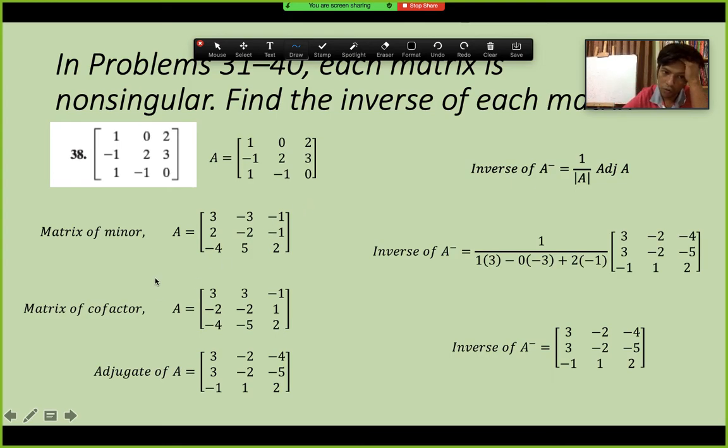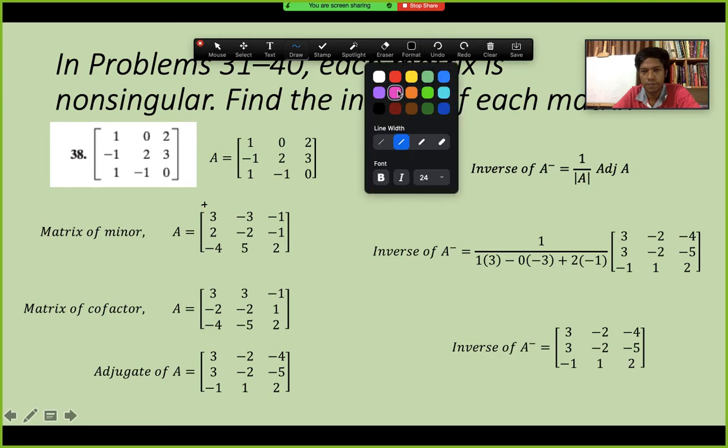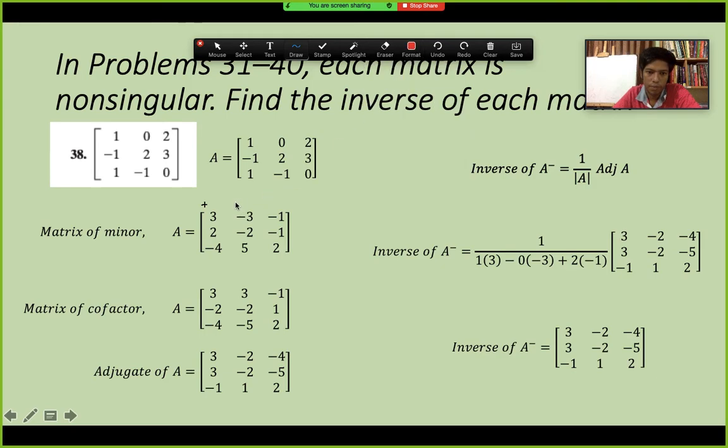and then the cofactor. For the cofactor, we change the sign. This will be plus, minus, plus, then minus, plus, minus, then plus, minus.